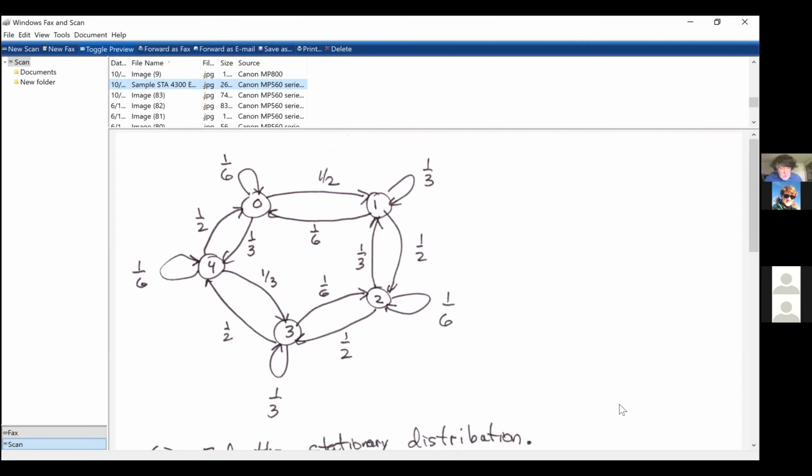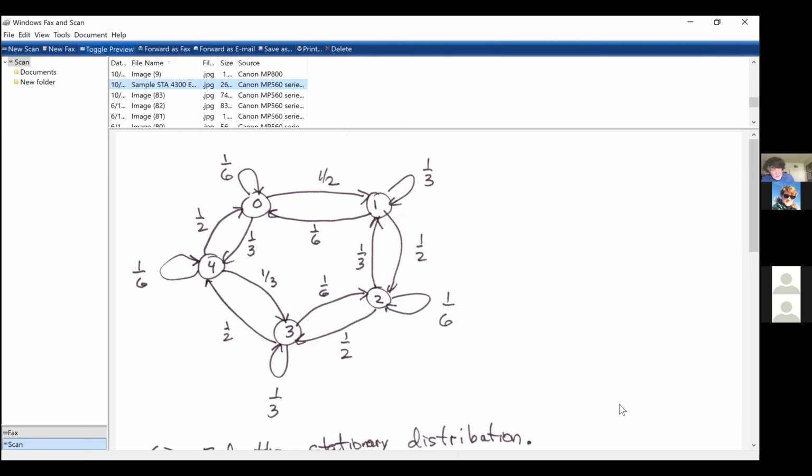Using the algorithm that we did in class. Why? Because it's a 5 by 5 matrix, and finding the stationary distribution would mean solving 5 equations in 5 unknowns, which is a little bit long. So this would be a calculator kind of problem. We've done that. Hopefully you remember how to do it.